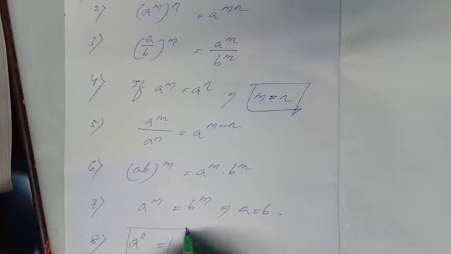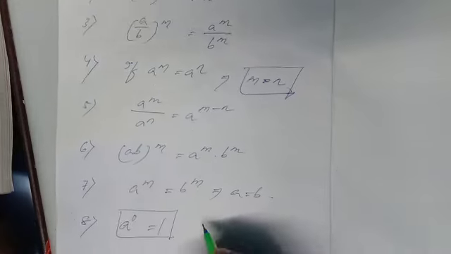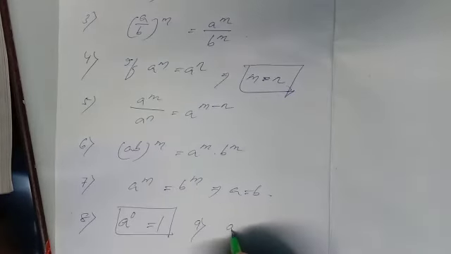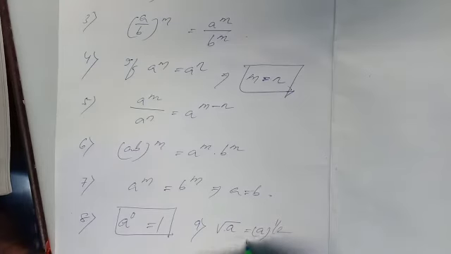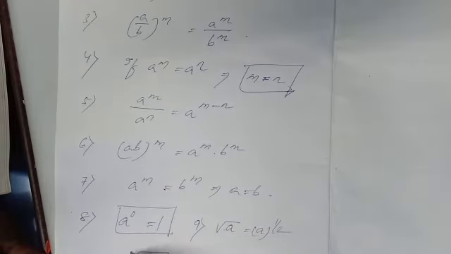Number 9, root over. What do you mean by a to the power? That means a to the power 1 by 2. This is called square root symbol. Number 10, if it is given like this, this is nothing but a to the power 1 by 3.